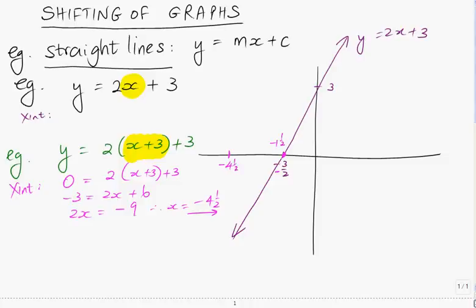So you can see what has happened here. The x-intercept has changed from here. It has moved how many units to the left? Exactly 3 units to the left.